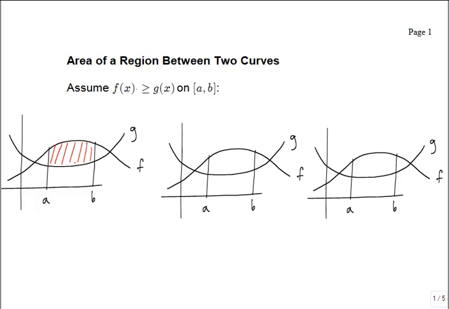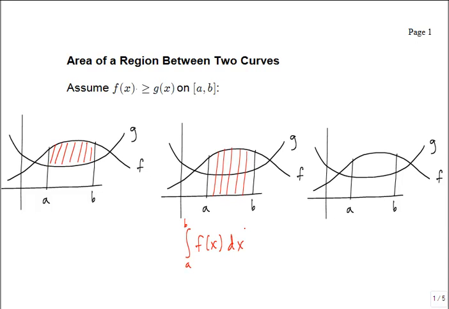The way that we're going to figure out that area is to first take a look at the area under f, all the way down to the x-axis, which we can represent with a definite integral from a to b of f of x dx.